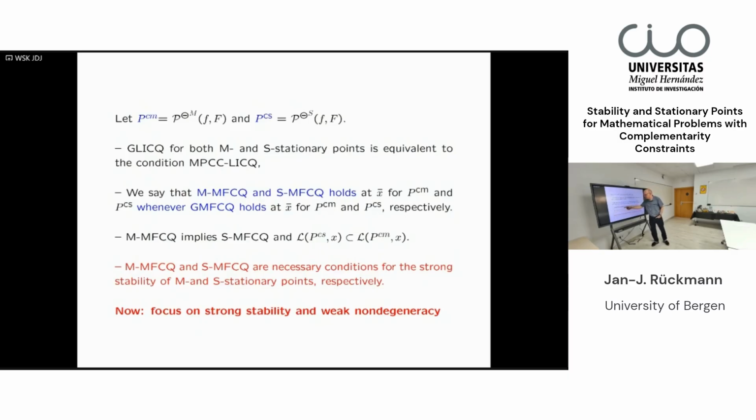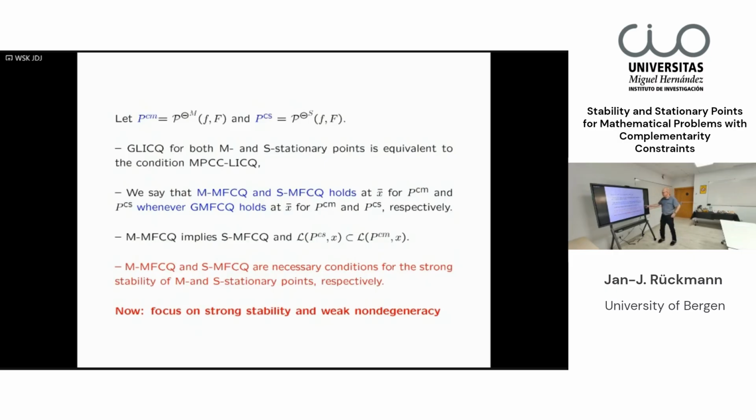So what does it mean, MFCQ and SMFCQ? Remember, we had generalized definitions of the constraint qualifications. And when we write this down for a concrete, particular stationarity concept, then if we are looking at M-stationary points, this definition refers to the M Mangasarian-Fromovitz constraint qualification, and also to S-MFCQ.